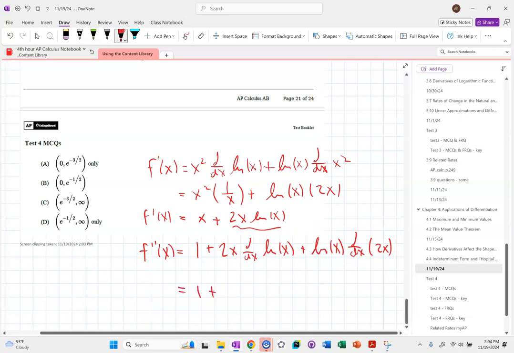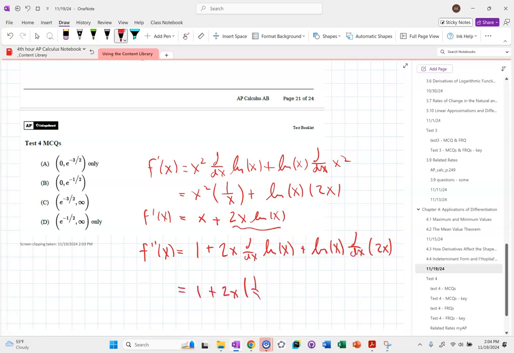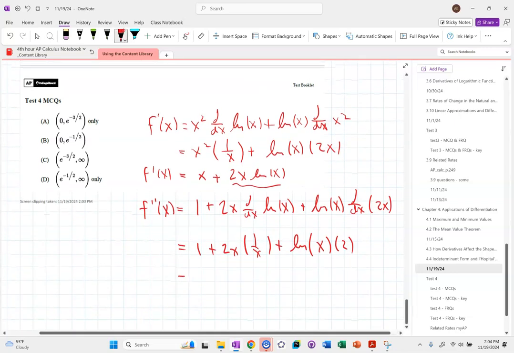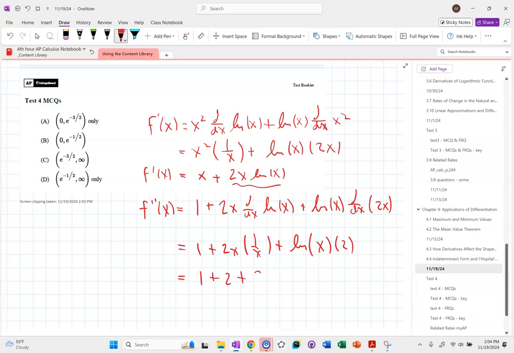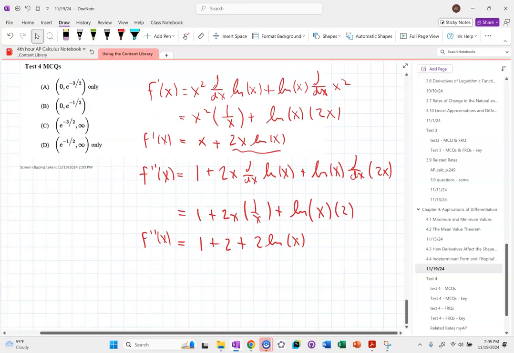So I have 1 plus 2x times 1 over x plus the natural log of x times 2. So 2x times 1 over x is just 2. So that's my second derivative.